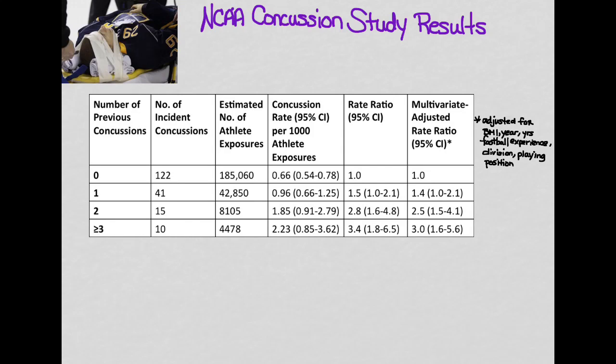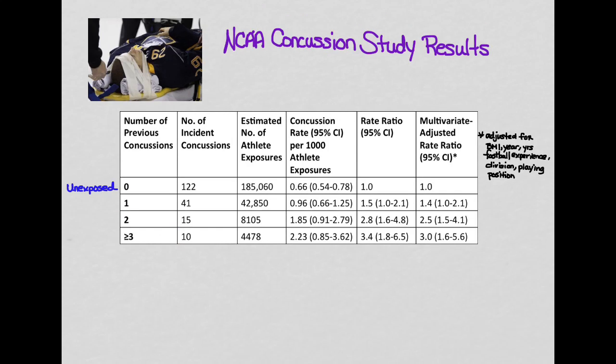So just a couple points here. You can see that there's level of exposure here. So it's not just exposed or unexposed. So the rate ratio or relative risk of the group with one prior concussion is this rate divided by the rate of unexposed.